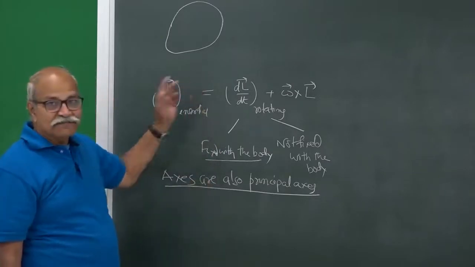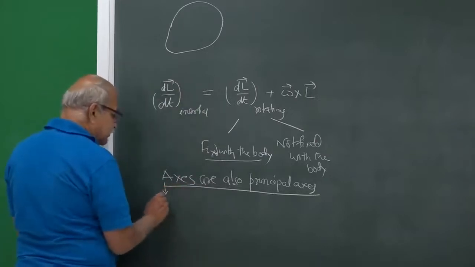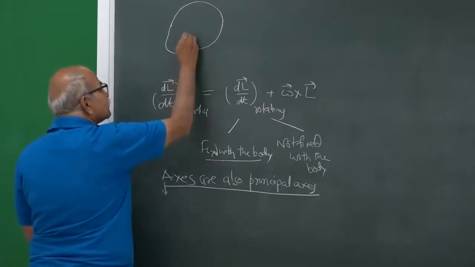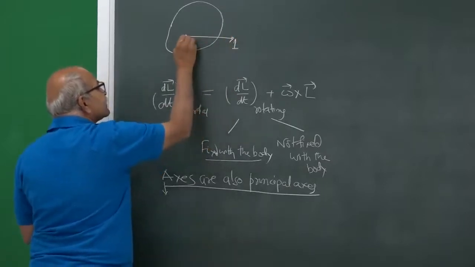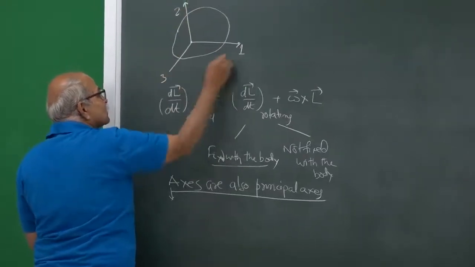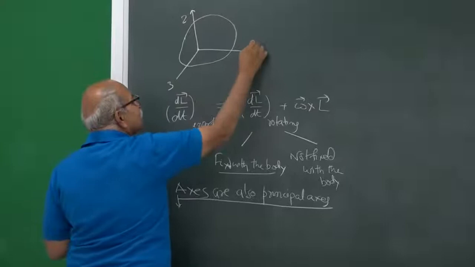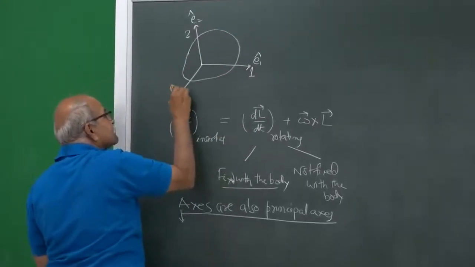In this system we will write the axes as 1, 2, 3. Suppose this is the origin and then there is a 1 axis, then a 2 axis and a 3 axis. The unit vectors are e1 cap, e2 cap, e3 cap.